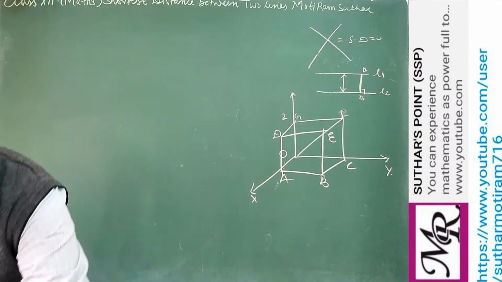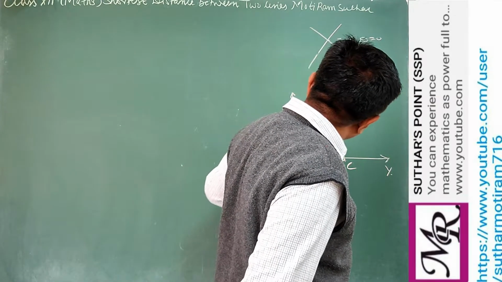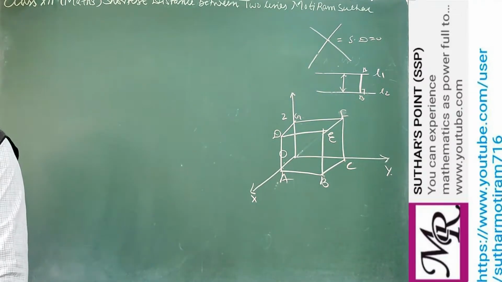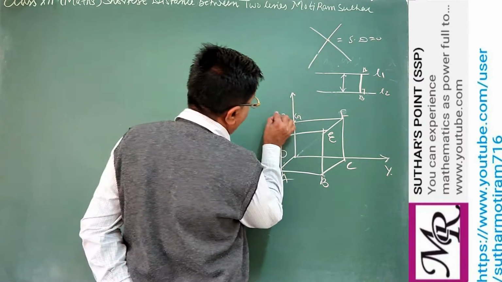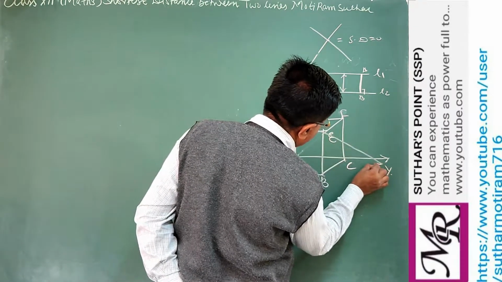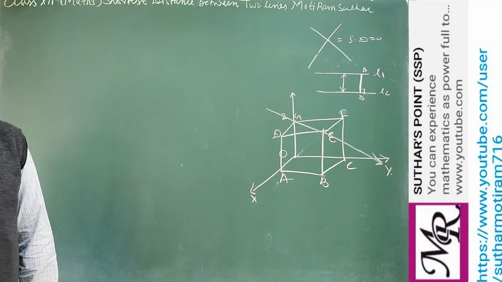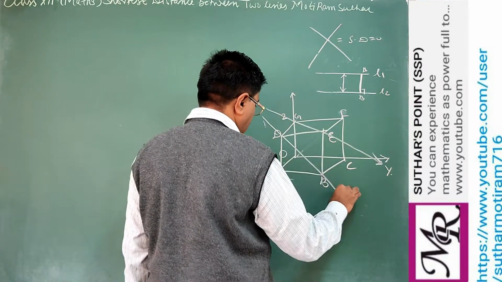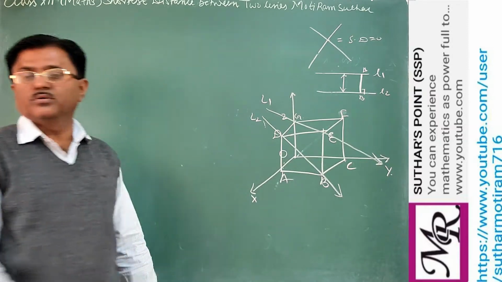Correct? Now in this case, we take one more case of the line. Clear? When G is joined with E, the line passing through G and E, and the other line is through B, call them line L1 and L2.